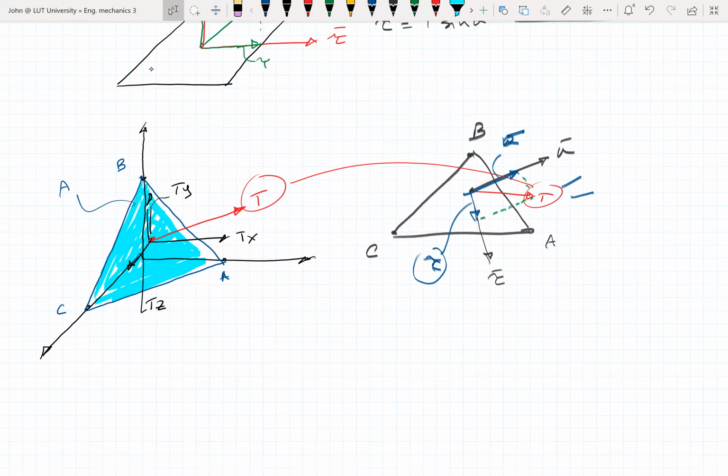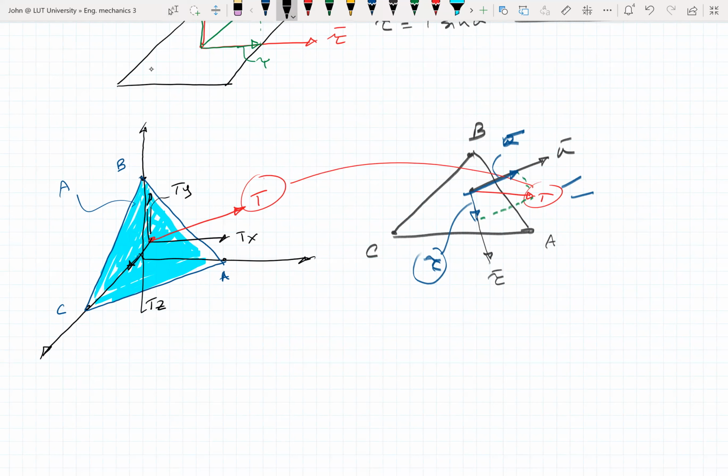Now I need to mention something. If you remember from the previous videos, whenever we work with the equilibrium equations, we need to sum and subtract forces, not stresses. And to get from stresses to forces, I need to multiply these stresses by the area where those stresses are applied. So I need to find certain areas here.